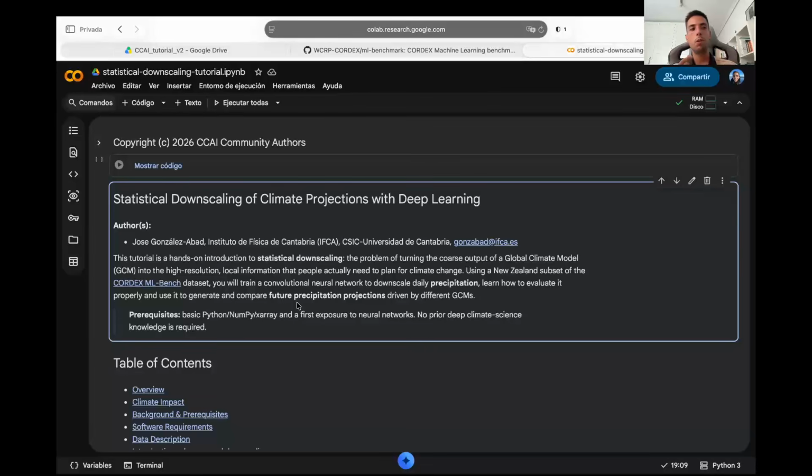However, I would also like to give you an introduction to statistical downscaling itself. So my idea is that at the end of this tutorial, you are able to understand what statistical downscaling is, why it is useful, and how we are using deep learning models to improve the statistical downscaling that we are doing at this very moment.